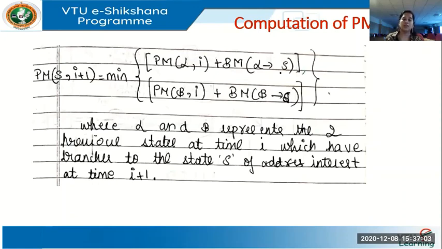Or the option is the path metric from B at time I. So if I consider one state as S and this as L, the path can go via L to S, or via B to S. So I can consider it via different nodes.